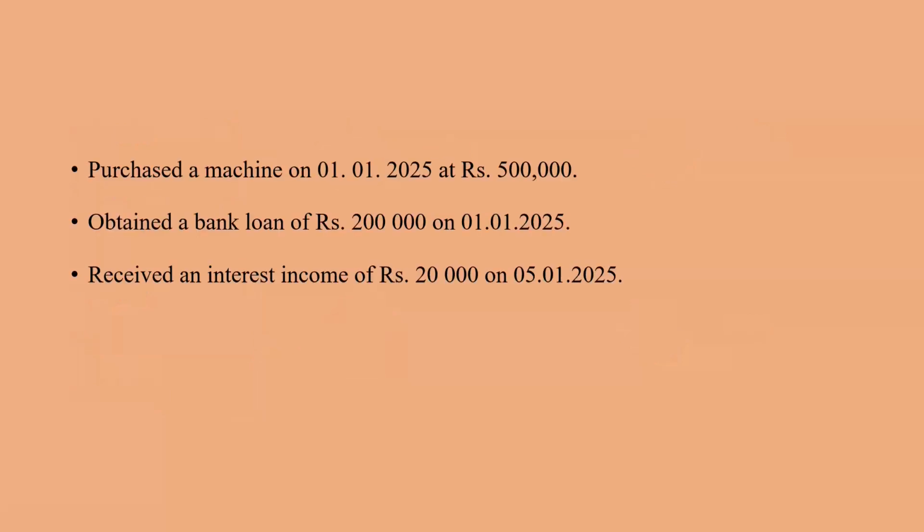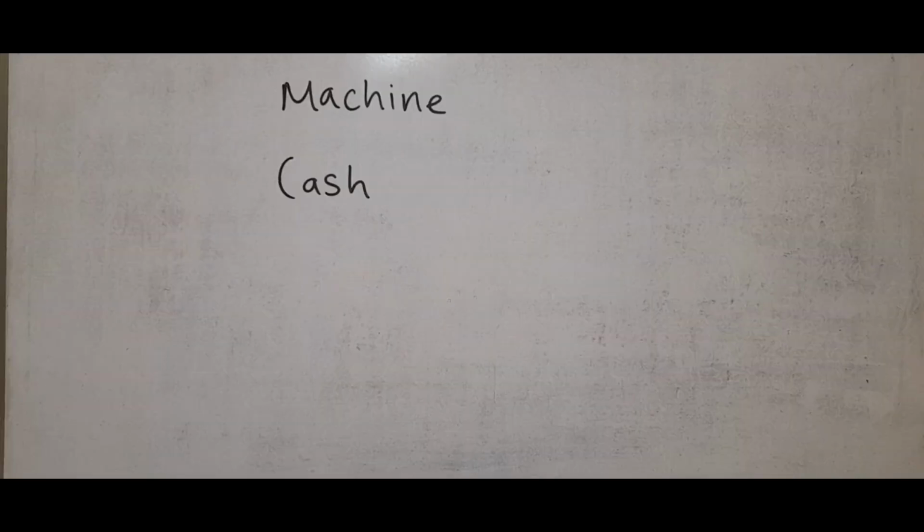Here, look at the examples. Purchase a machine on 1st of January 2025 at 500,000 rupees. Now let's record this transaction in the ledger accounts. By looking at this transaction, we can identify that this consisted of two items, machine and cash.